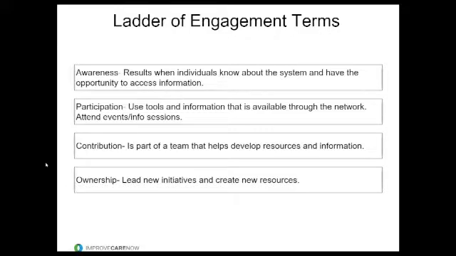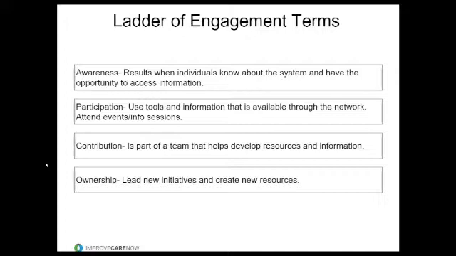So this is our ladder of engagement here. We've got 4 different levels. The first one is awareness. Awareness occurs when the individual knows about the group, they know how the team works, and they have the opportunity to access resources or other information that the team has. Then the next level is participation.